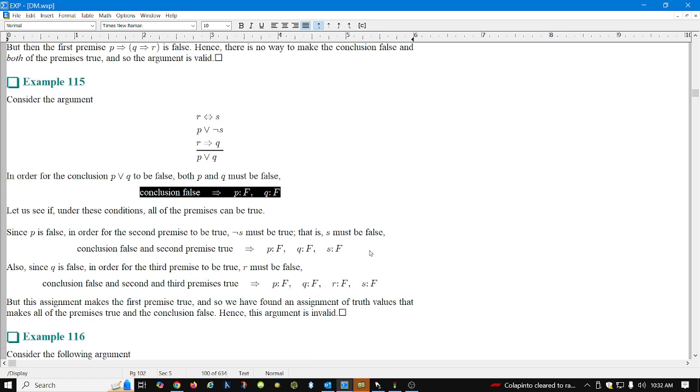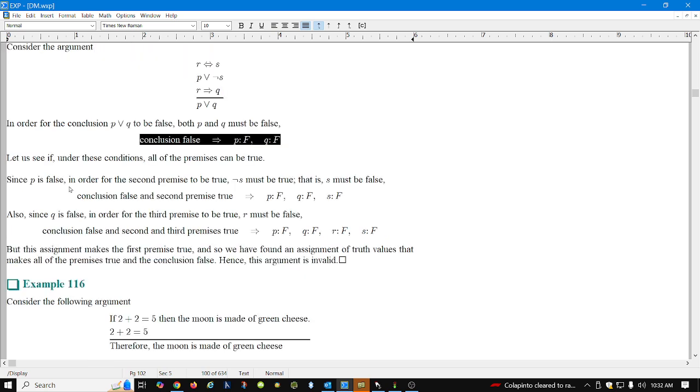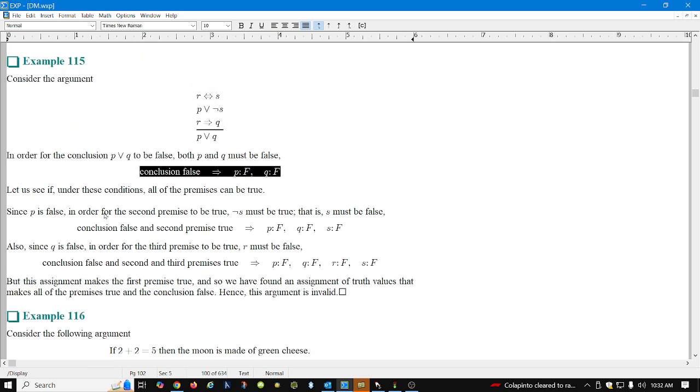Now we check the premises. If P is false, then in order for the second premise to be true, not S has to be true. In other words, S has to be false. So if the conclusion is false, but the second premise is true, we have these truth assignments.